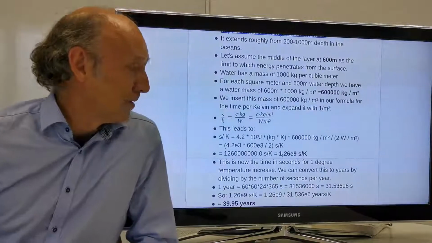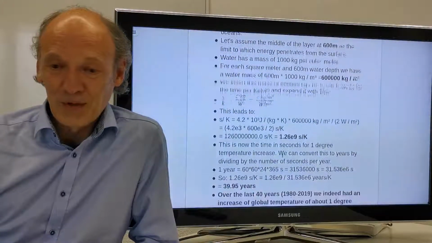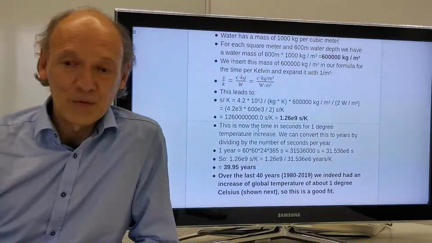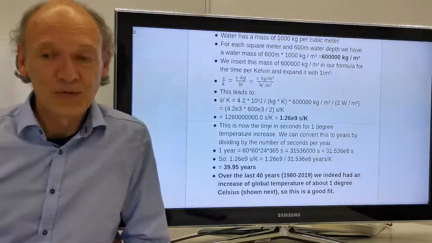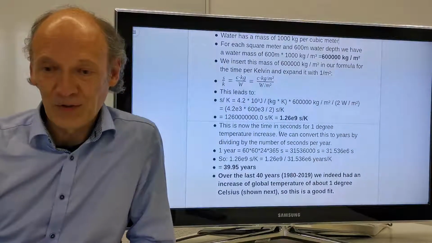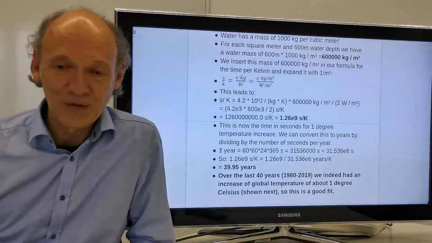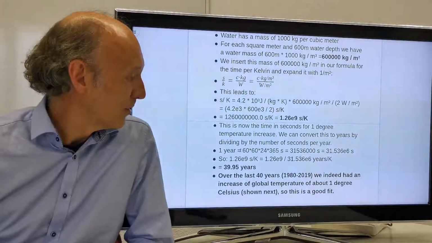So 10 to the 9th is a large number. It's hard to imagine what it means, so that's why it makes sense to convert this time in seconds to years. So we just have to know how many years this number is, right? And for that we just have to compute how many seconds 1 year has, and then divide by this number to get the number in years.